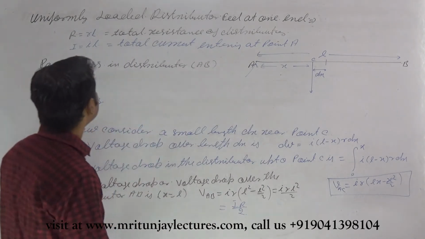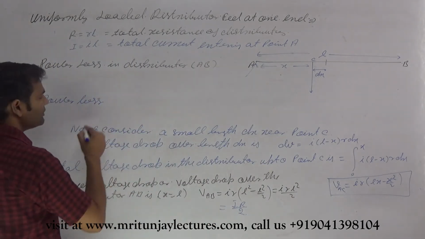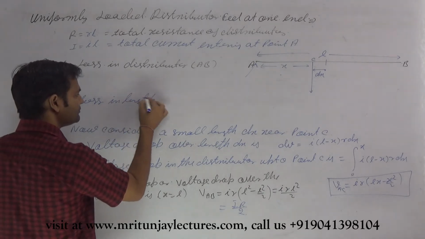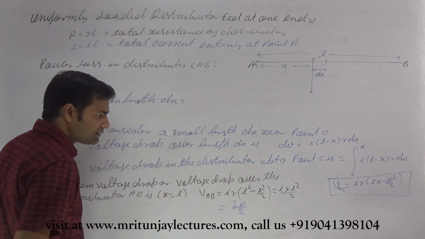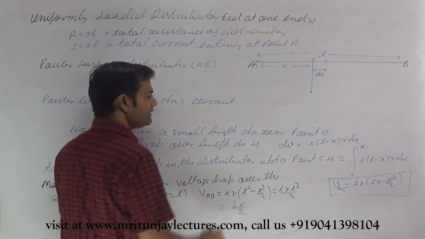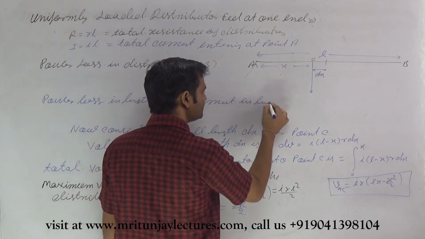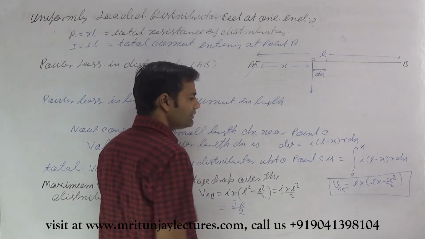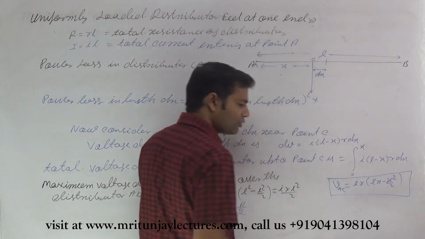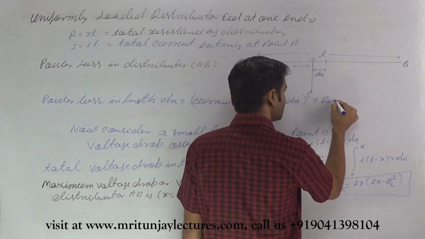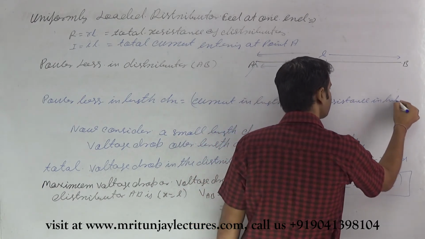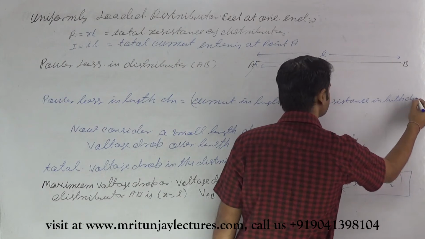That's why power loss in length dx is written as the current in length dx, the whole square, into the resistance in length dx.